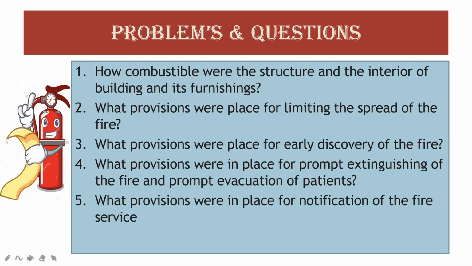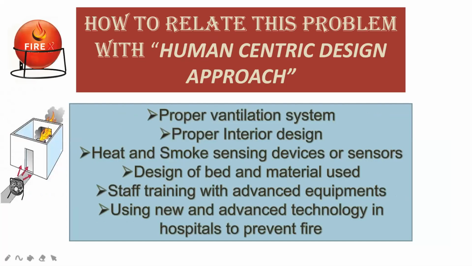This is how we relate the problem to a human-centric design approach: proper ventilation system, interior design, heat and smoke sensing devices or sensors, design of beds and materials used, staff training with advanced equipment, and using new and advanced technology in hospitals to prevent fire.